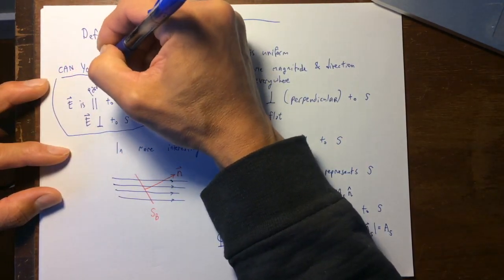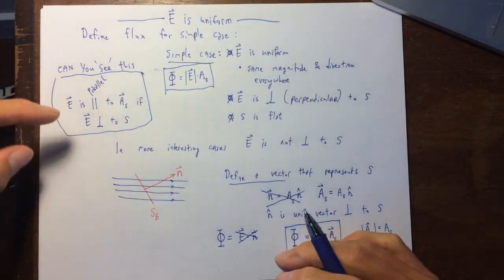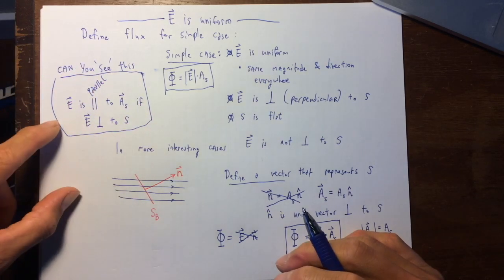Can you see this? And what I mean by seeing is not can you visually see this, but can you see this with your brain? Does your brain tell you that this makes sense?